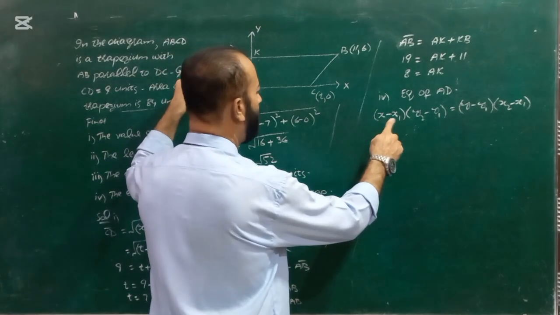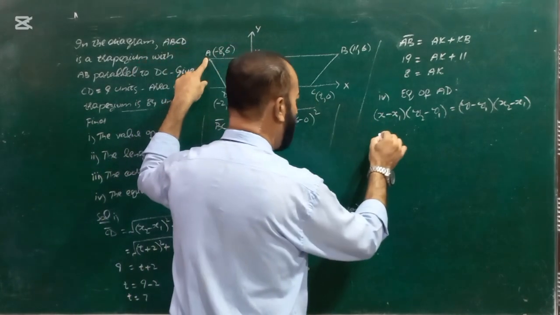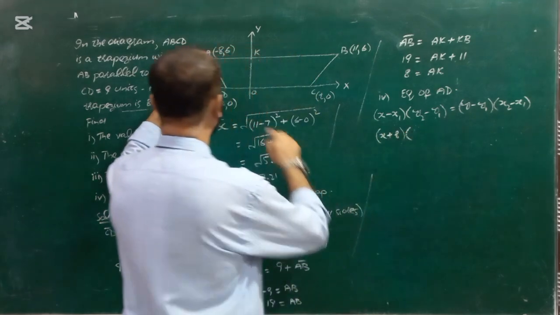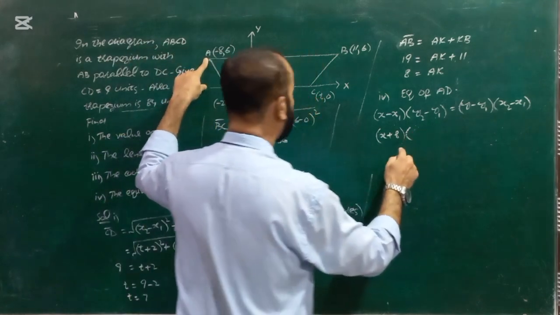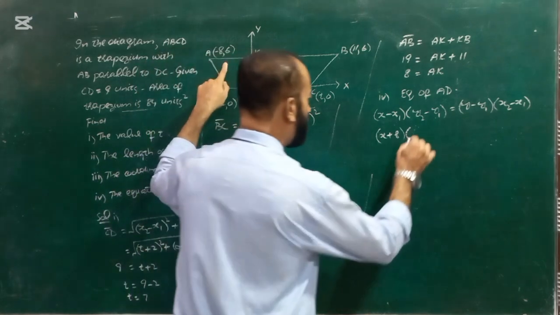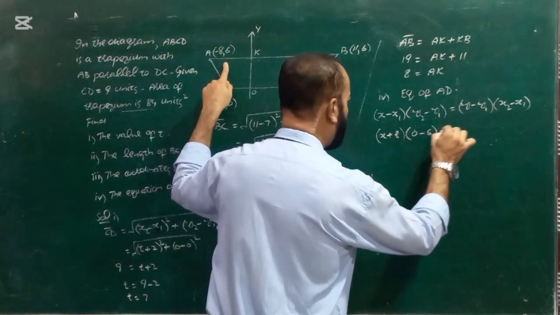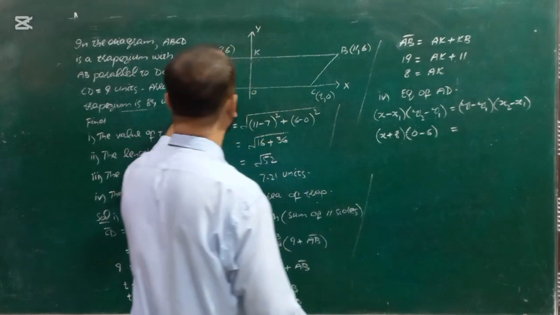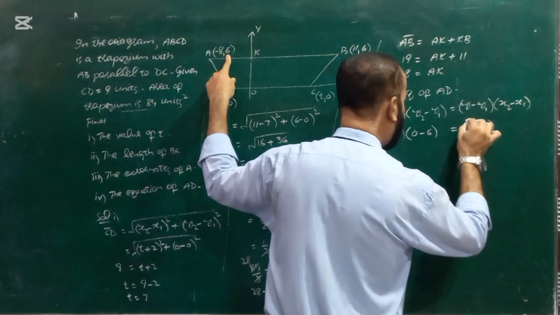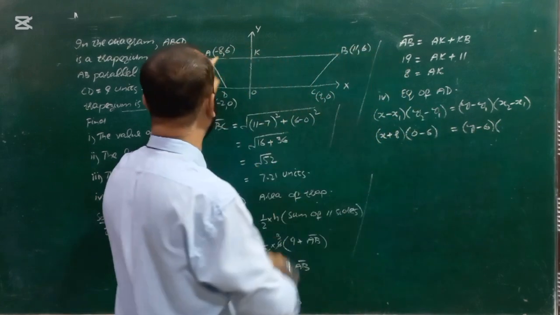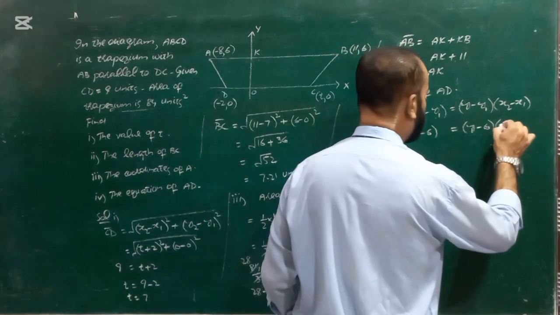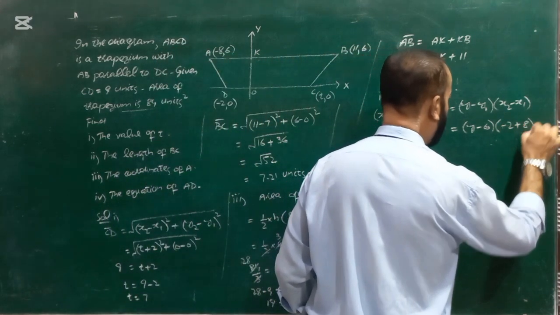So x minus x1, so x minus minus 8 will be x plus 8 into y2 minus y1, so 0 minus 6, is equal to y minus y1, so y minus 6 into x2 minus x1, so minus 2 minus minus 8, so minus 2 plus 8.